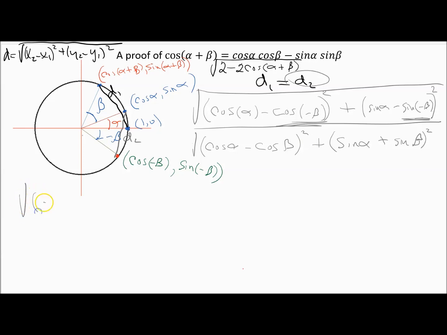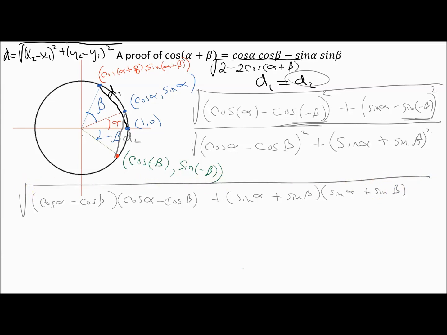Alright, so the square root of cosine of alpha minus cosine of beta times cosine of alpha minus cosine of beta, plus sine of alpha plus sine of beta times sine of alpha plus sine of beta. I know many of you could probably just multiply that out in your head without writing all this down, but I want to make sure you're clear on every single step here.